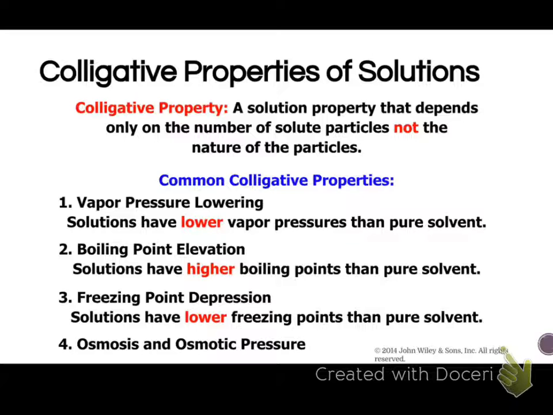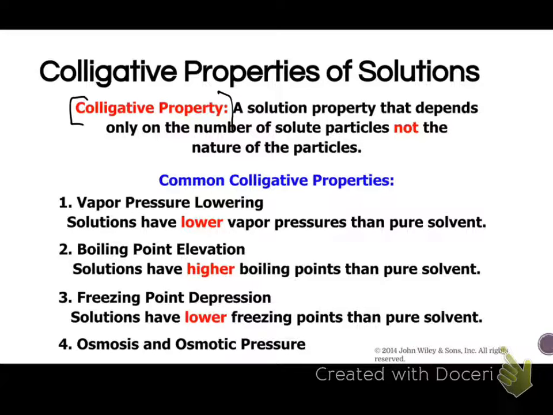Okay, so the last section of this chapter is about colligative properties. It's a fancy word that just means a physical property where it doesn't matter what you're dissolving, it just matters how many particles you put in. So in other words, if I put in 10 particles of sugar or 10 particles of sodium ion, whatever it is, it has the same effect regardless of which substance I'm using.